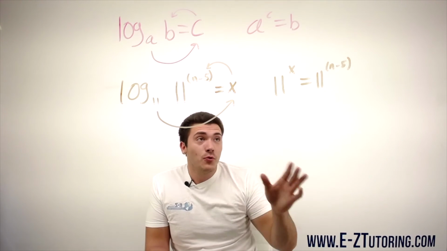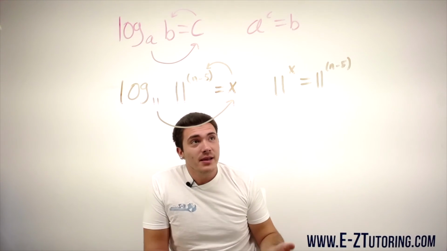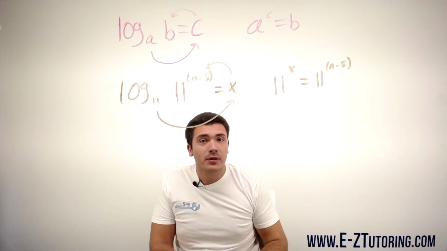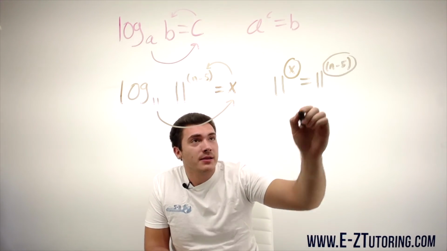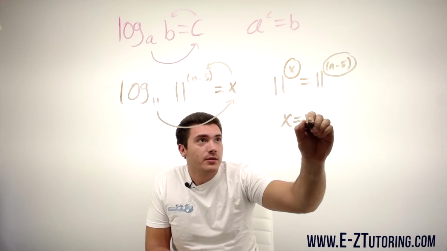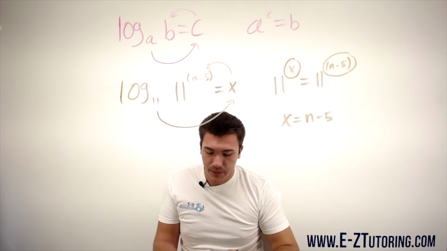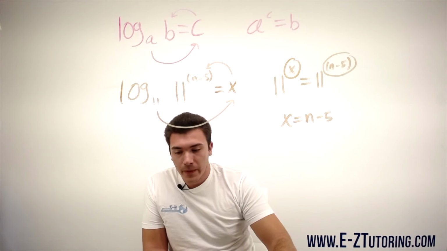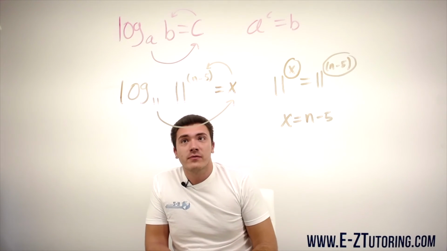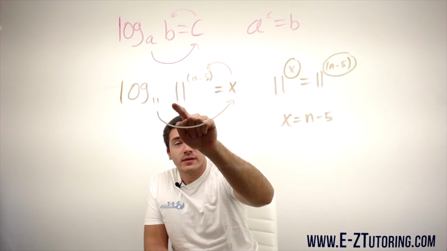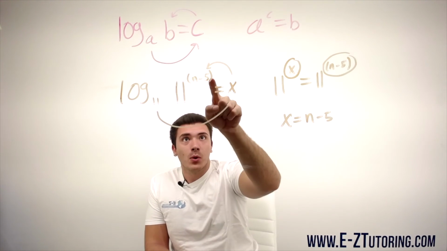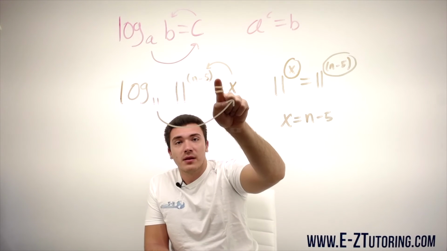So therefore, those two powers have to be equal. That is the only way this equation could possibly be true. So x must be equal to n minus 5. And just like that, you found your answer. You can actually do a shortcut here, and whenever you see that these two numbers are the same, the base and whatever's inside the logarithm, your answer will always be the exponent over here.